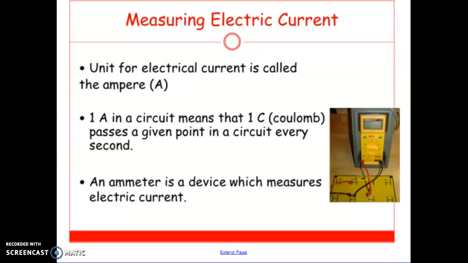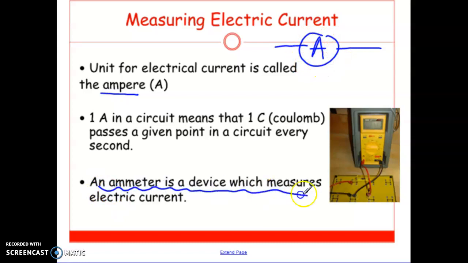Okay, so I've already mentioned a lot of what is here. The unit for electrical current is called amperes, or the short form for that unit is a capital letter A. And if you remember when we were looking at the symbols for circuits, an ammeter, which is a device that measures current, the symbol for that is a capital letter A with a circle. So an ammeter is a device that measures the current in a circuit.